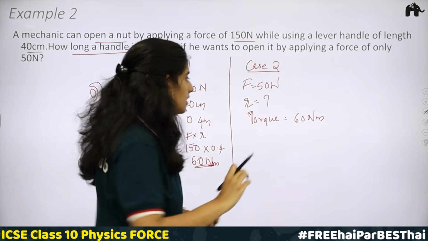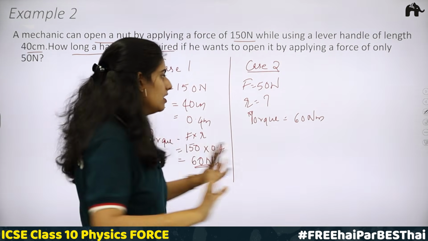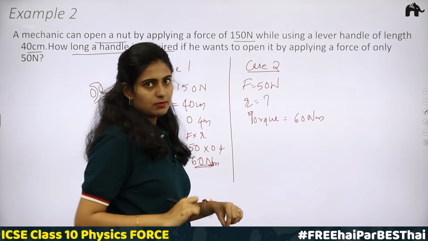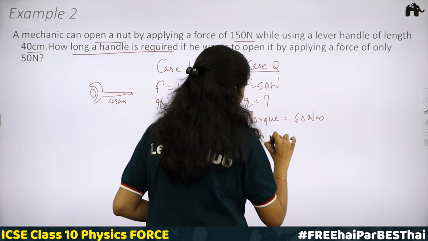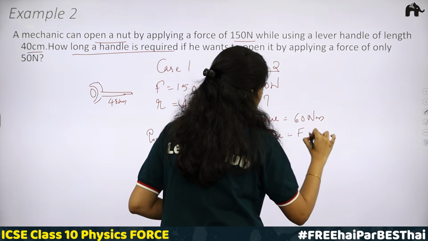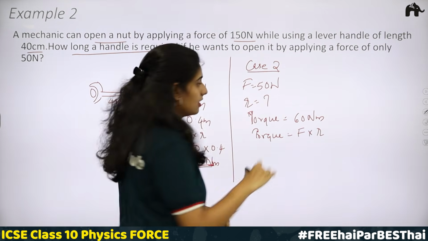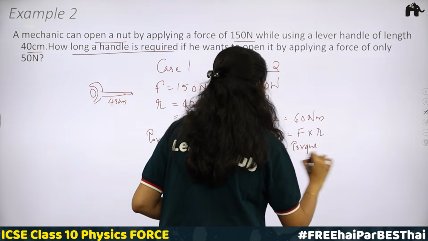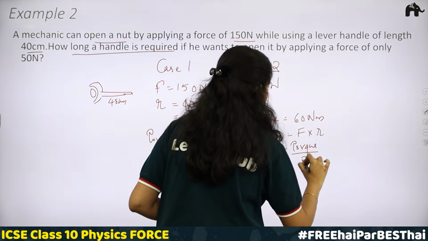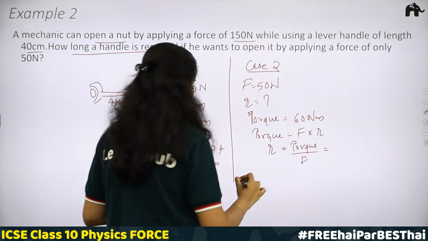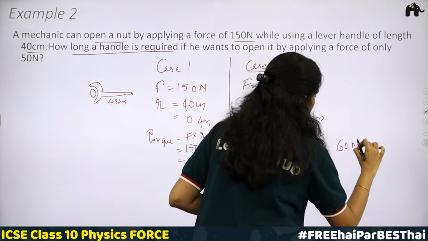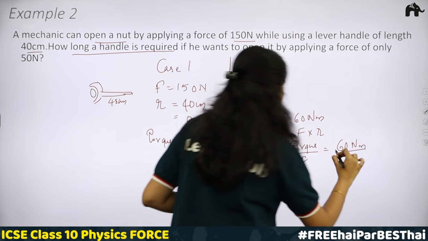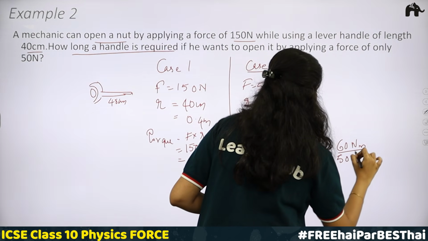To open a nut, 60 Newton meter torque should be applied. Find R from this. We have torque is equal to force into perpendicular distance R. Then what is R? R will be torque divided by force. Here the torque is 60 Newton meter divided by the force applied, which is 50 Newton.